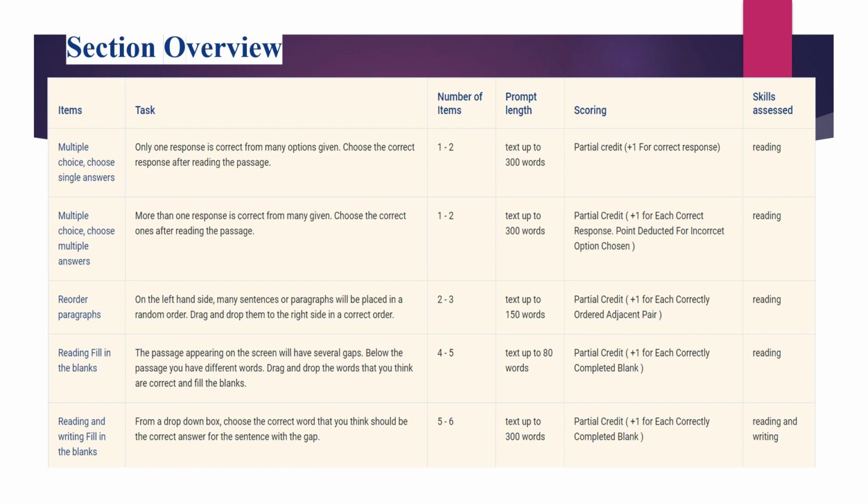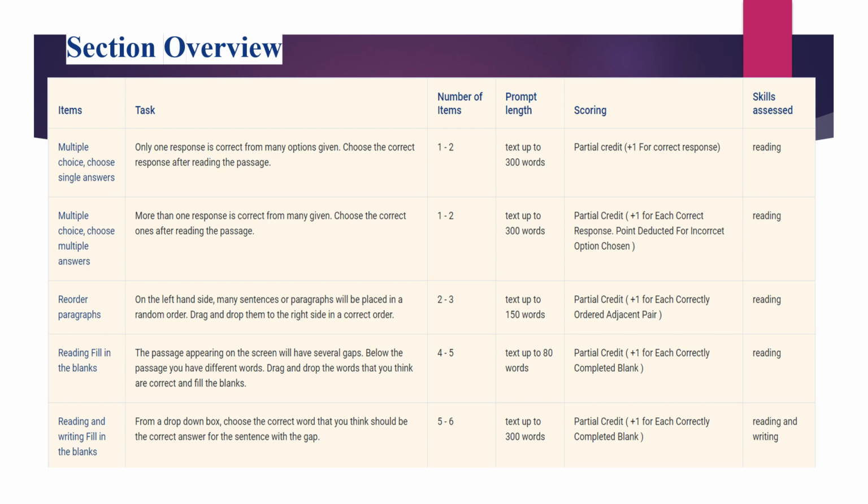You get +1 for each correct response, and a point is deducted for each incorrect option chosen. If you select a wrong option in this particular question, 1 mark will be deducted, and your reading skill will be assessed in this section.